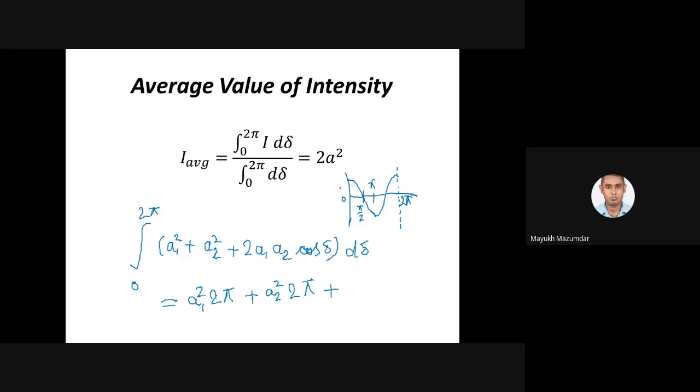Got it? From 0 to 2 pi. Are you getting it? What is the maximum value of cos in this graph, in this region?